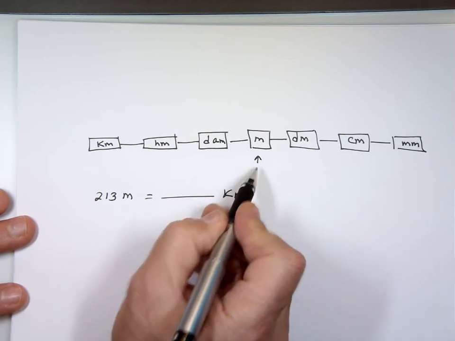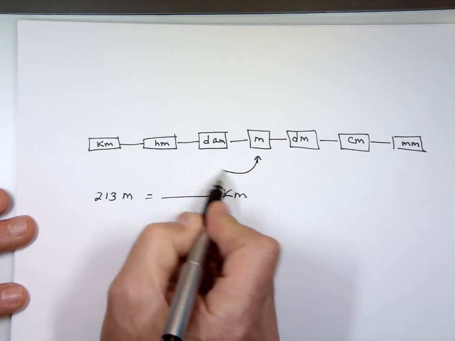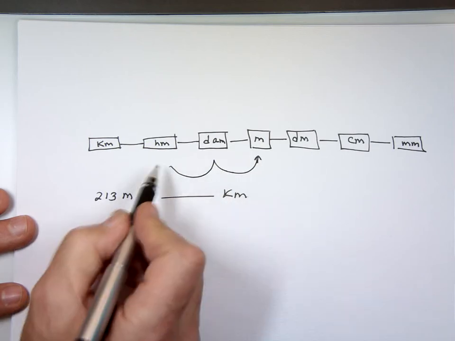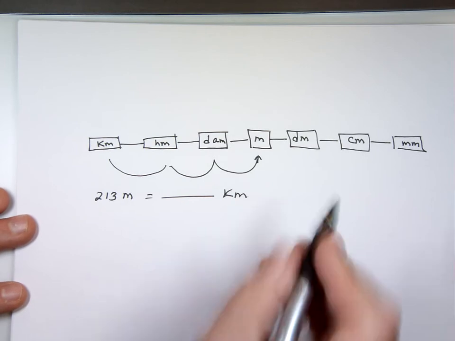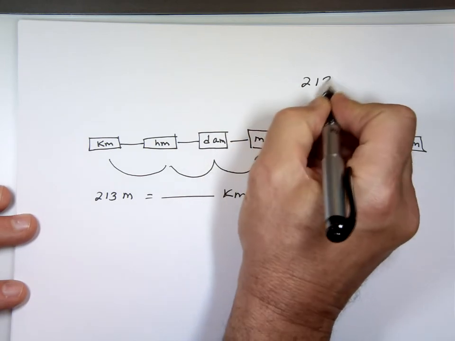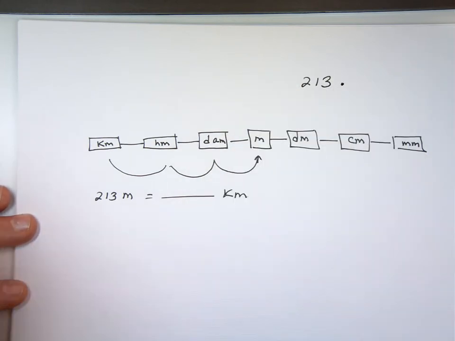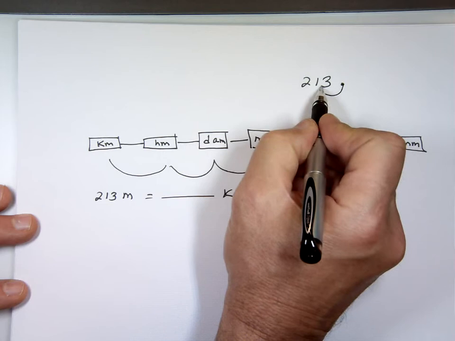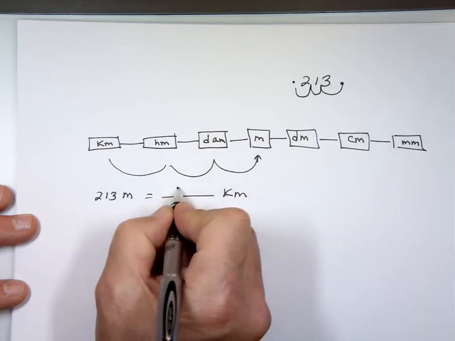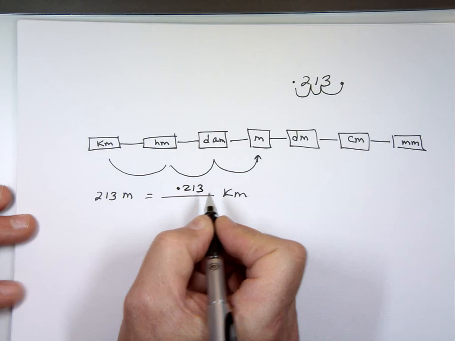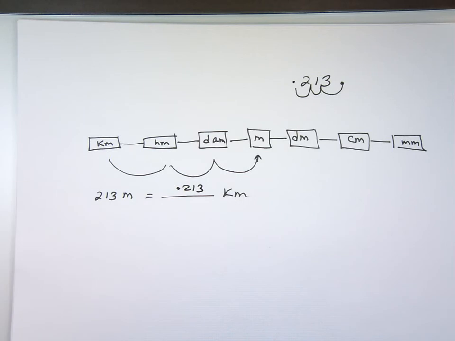So you're going to move the decimal point how many places? 1, 2, 3. So take your number. There's a 213. Where's my decimal point right now? Here. Move it 3 places to the left. 1, 2, 3. So what's your answer? 0.213. Because everything is a multiple of 10.